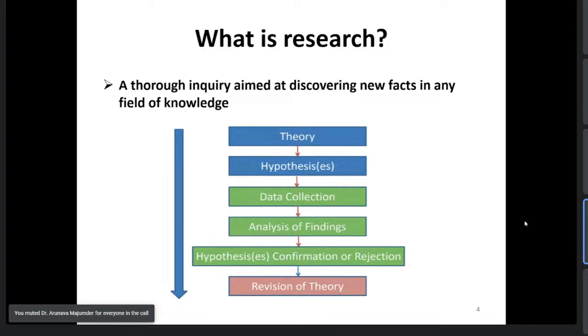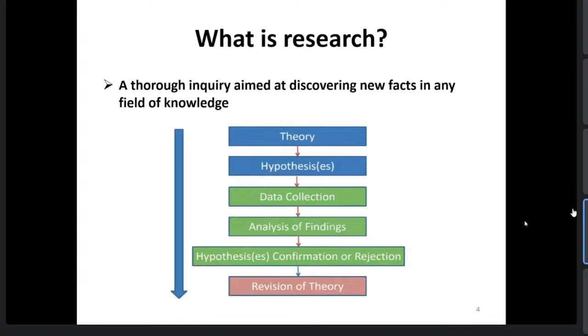We investigate and find solutions to the problem by exploring in different domains like physics, chemistry, mathematics, engineering. So research is a thorough investigation that aims at discovering some fantastic or new idea in any field of knowledge.